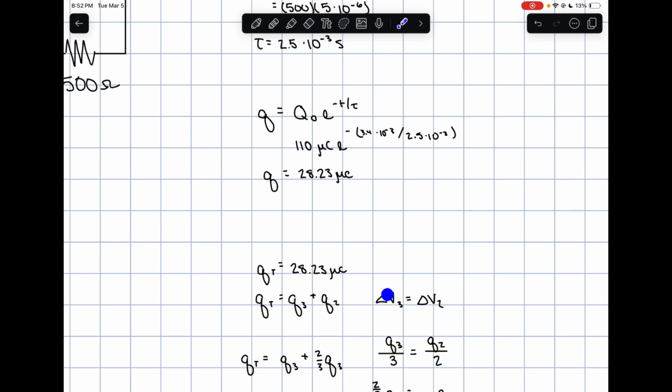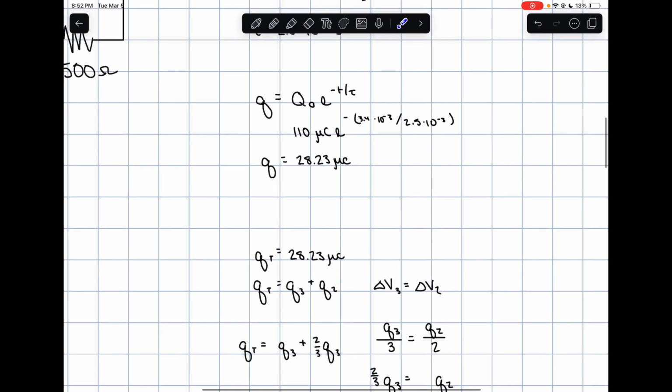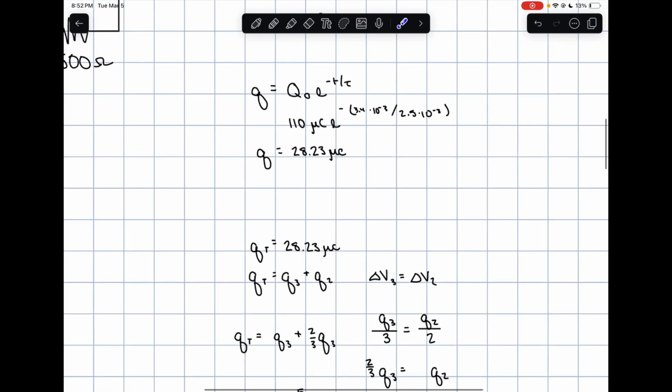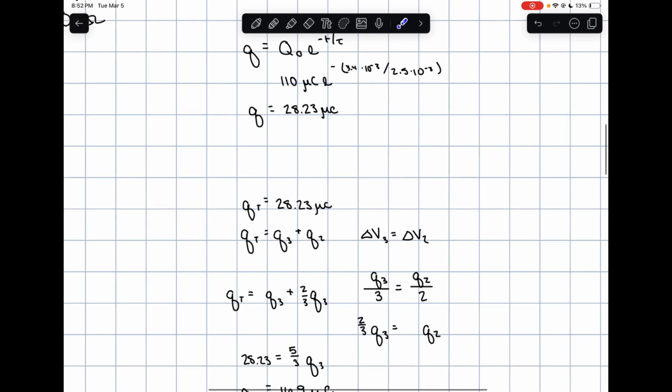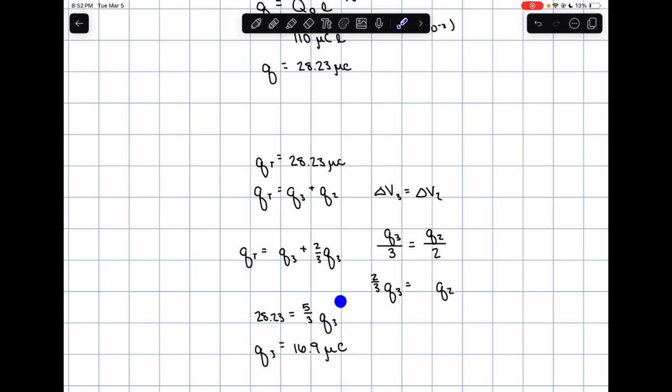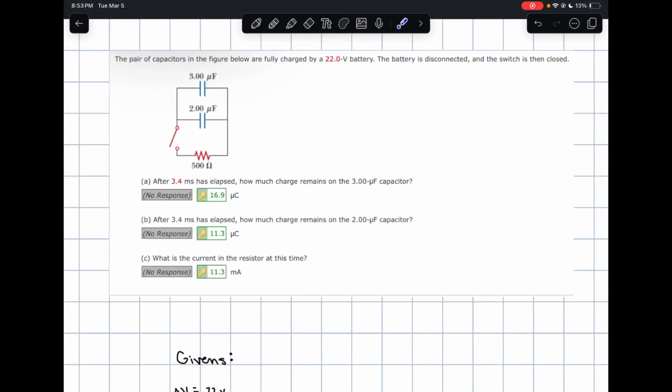So we can set them equal to each other, substituting in for charge over capacitance, which is Q3 over 3 microfarads equals Q2 over 2 microfarads, and solving Q2 in terms of Q3, which is 2/3 Q3 equals Q2. We can plug this into our previous equation and then do the algebra to get Q3 is equal to 16.9 microcoulombs.